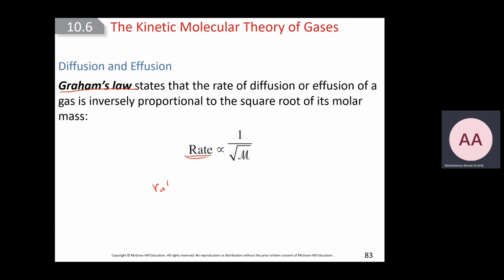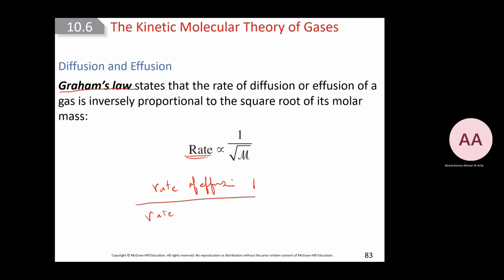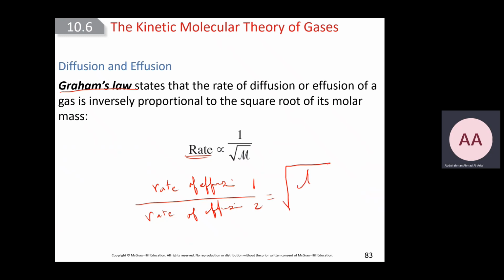Rate of effusion of 1 over rate of effusion of 2 is equal to the square root of molar mass of 2 over molar mass of 1.